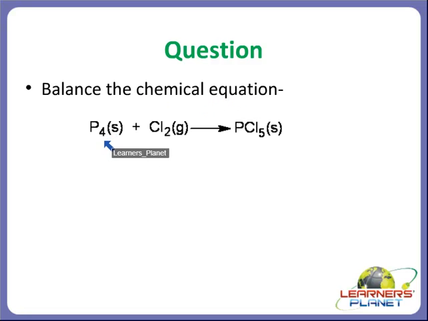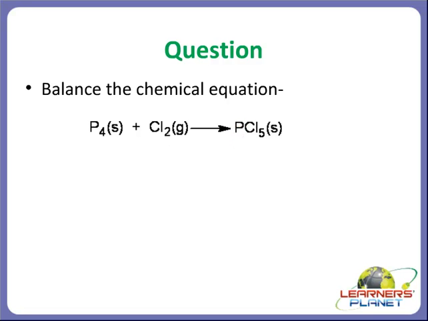Now moving to our next question, it is again a balancing one. Balance the chemical equation. It is P4, that is phosphorus, in solid state, Cl2 in gaseous state, and it is giving you PCl5, that is again in a solid state. Right? How can we balance this? Let's start with phosphorus. Phosphorus on LHS is 4. Right?